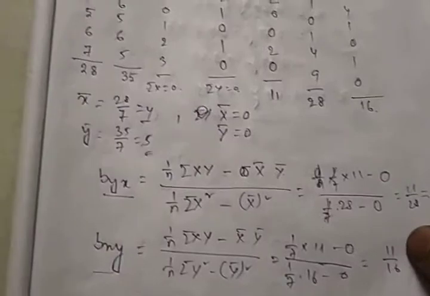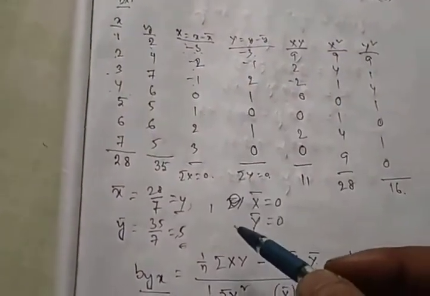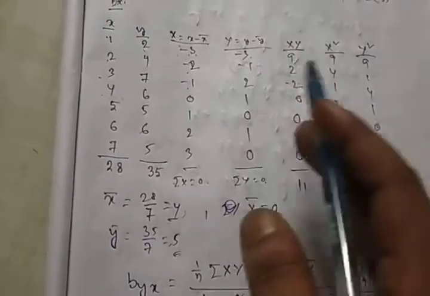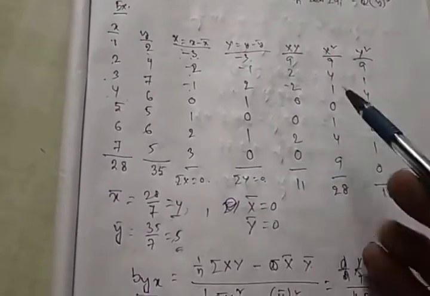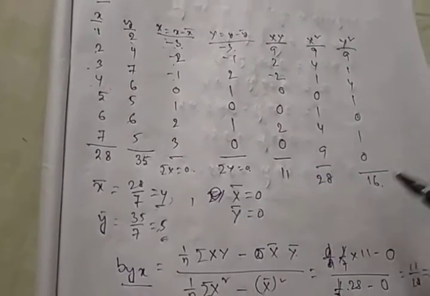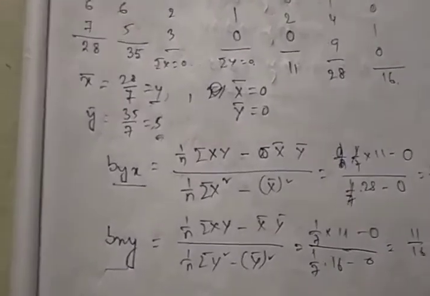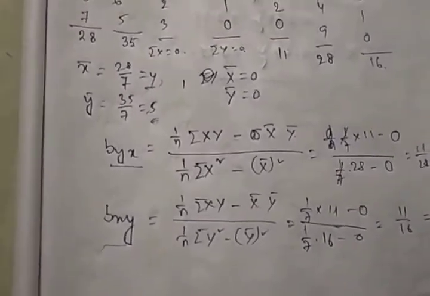Okay, so always take the deviation. Then you can see that there will be many zeros, and to calculate x, x square, y square, they will be very small numbers. Okay, so less error can occur.